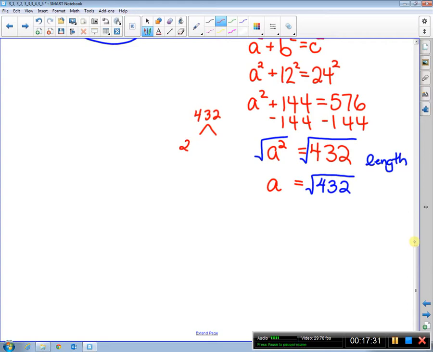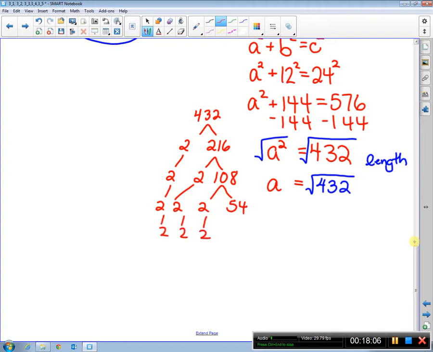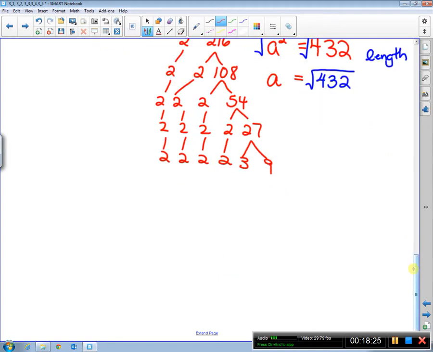I know that 432 is going to be 2 times 216. 216 is 2 times, we could probably put 4 in there, 108. 108, 2 is the easiest one to keep going with. 2 times 54. 54 is 2 times 27. 27 is 3 times 9. And 9 is 3 times 3.